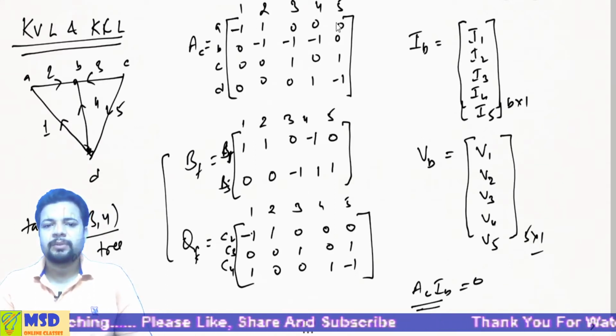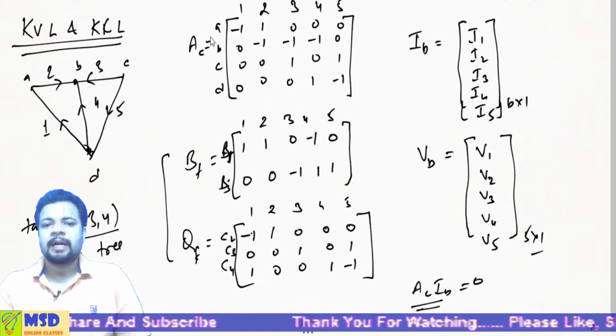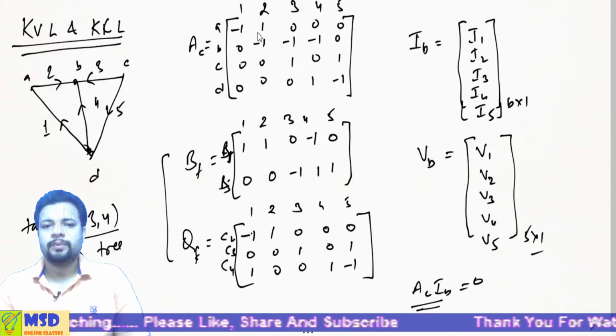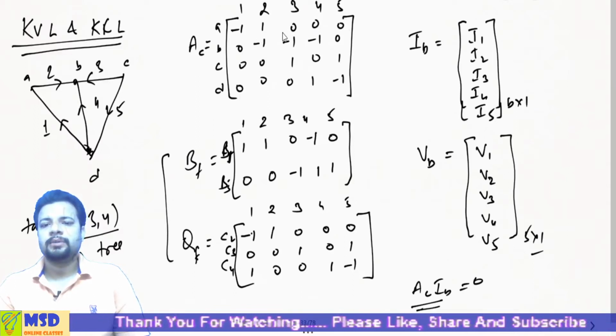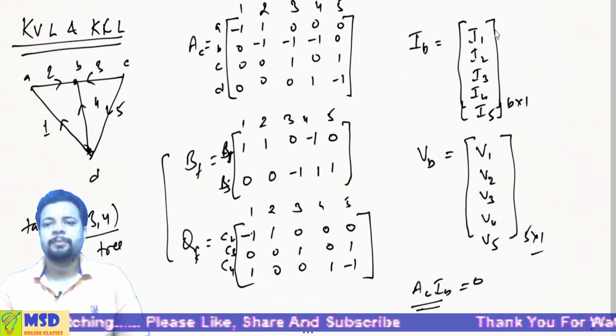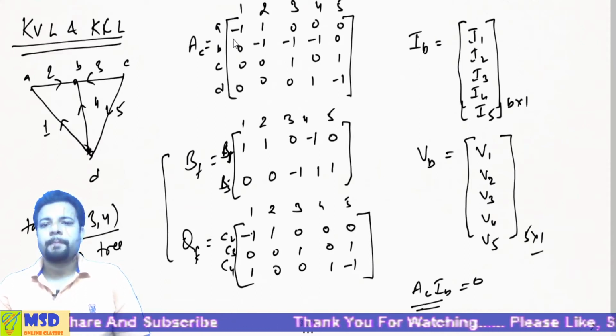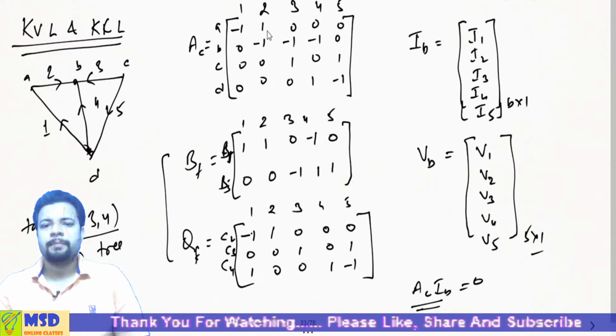If I multiply this row with this column, what I'll get here is minus I1 plus I2, and remaining other elements in the row are 0. Therefore, the first row will be minus I1 plus I2.